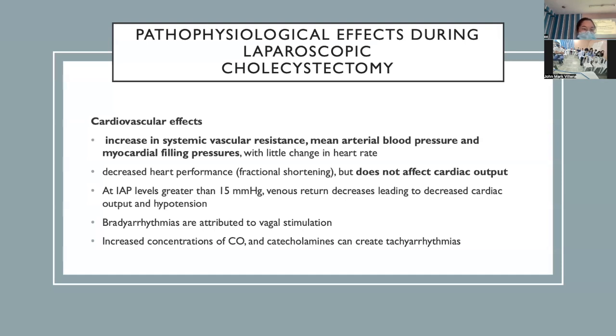At intra-abdominal pressure levels greater than 15 millimeters mercury, venous return decreases, leading to decreased cardiac output and hypotension. Bradyarrhythmias are attributed to vagal stimulation, and increased concentration of carbon dioxide and catecholamines can create tachyarrhythmias.